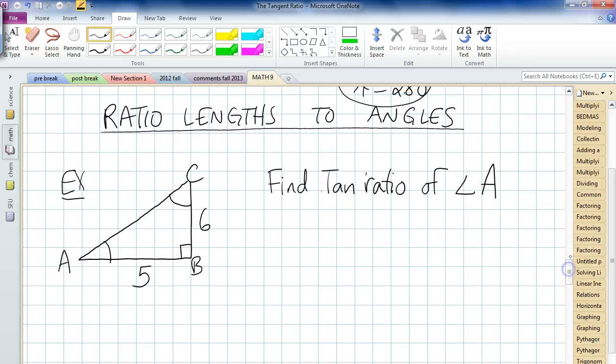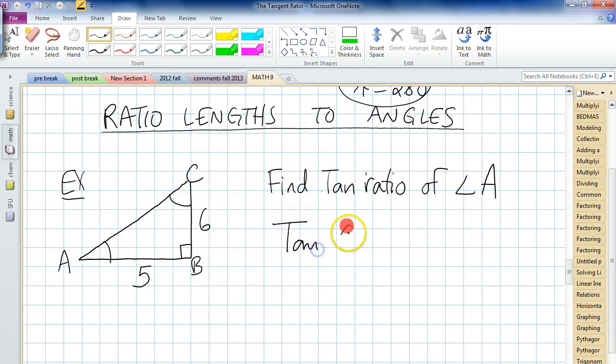Okay. Now let's take a look at ratio lengths to angles. Let's say we don't know what the angles are, but we know the ratio lengths. How can we do that? Okay. So first off, it's saying I want to find the tan of angle A. What is the tan? Well, let's write the formula first.